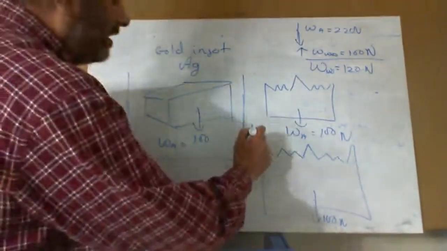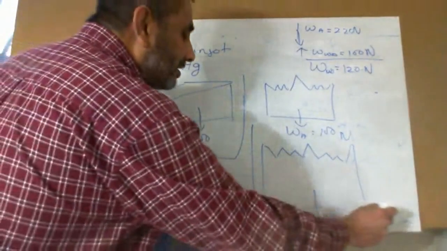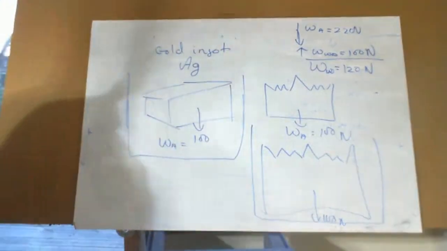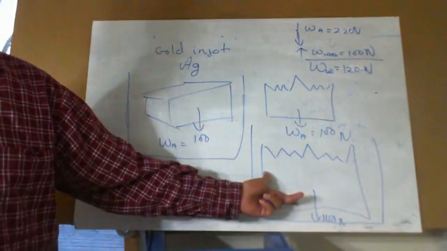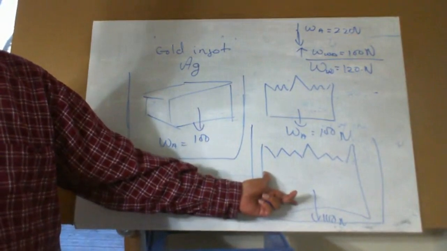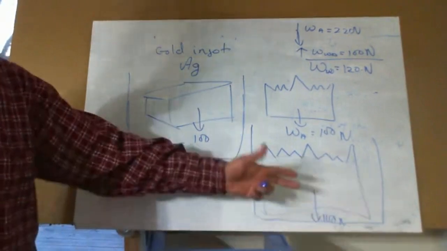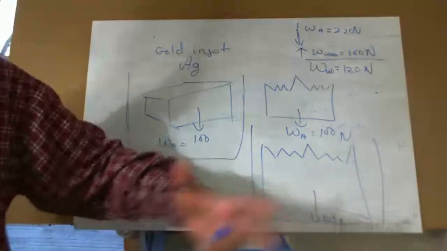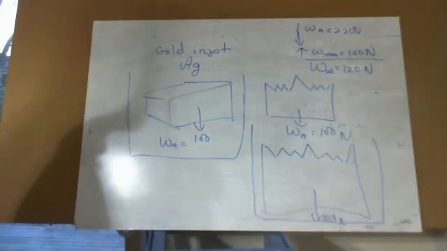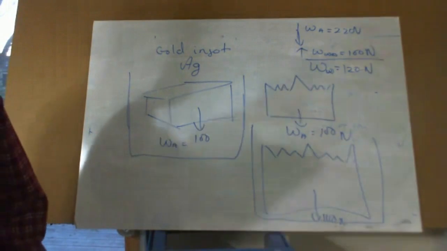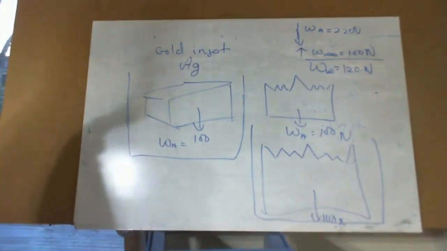Can you see, if you put it in water, what will happen? It will push aside a lot more water, because you need a lot more volume of aluminum to get 100 newtons. So it will push aside a lot more water, and therefore the upward force is going to be greater in water, right?